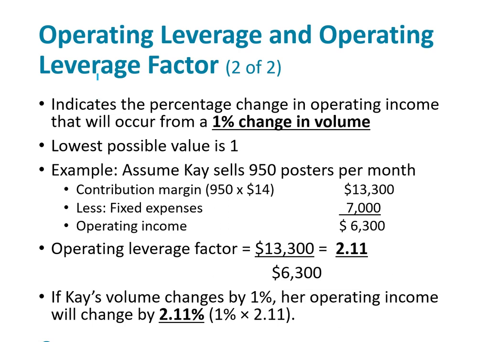So the operating leverage factor indicates the percentage change in operating income that will occur at a 1% change in volume. The lowest possible operating leverage factor, and we'll use OL for that, is 1. And that's where your contribution margin is exactly the same as your fixed costs.